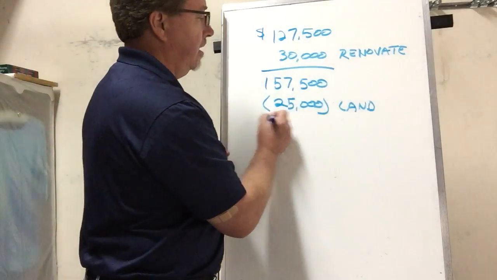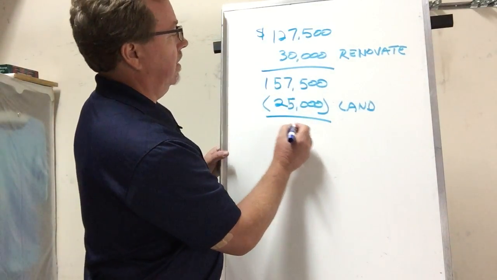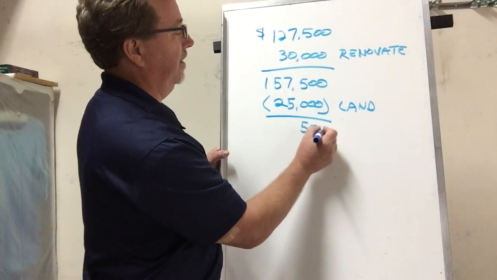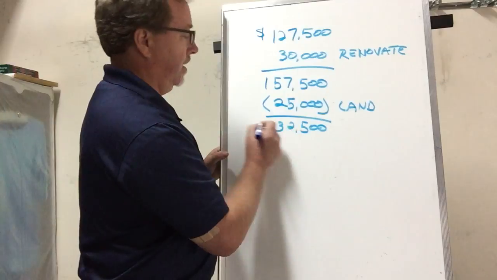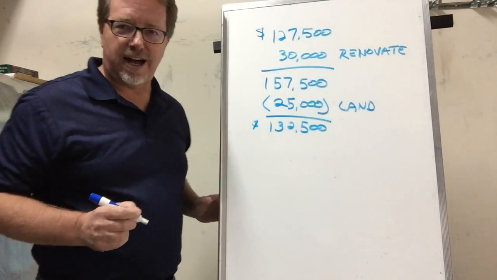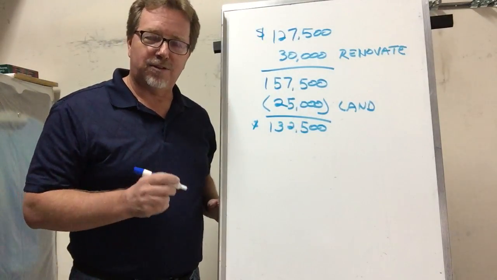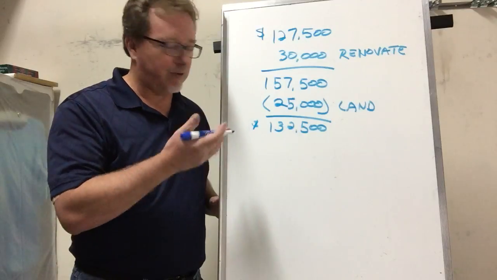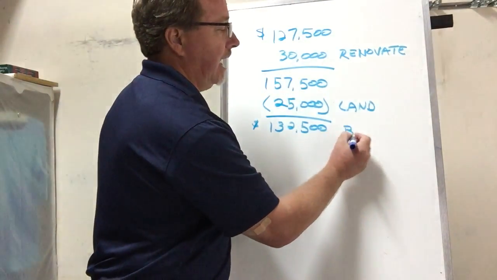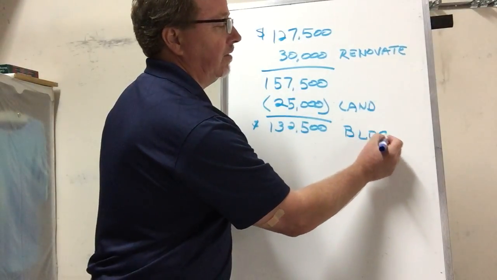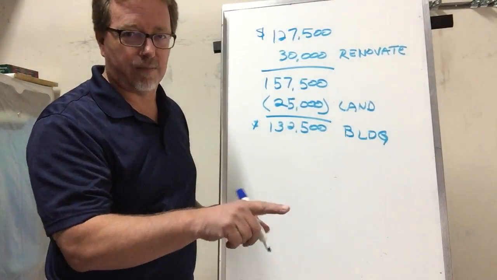I'm not changing that. But I am changing the building portion. So the true depreciable cost of this property has now jumped from $100,000 up to $132,500. That's the land, that's the building, including renovating the building.